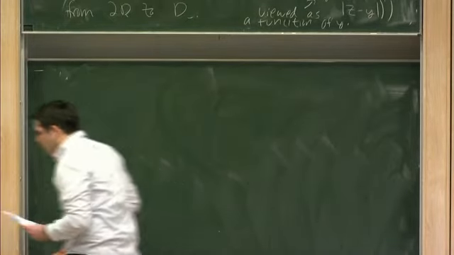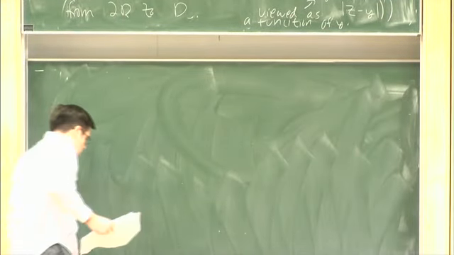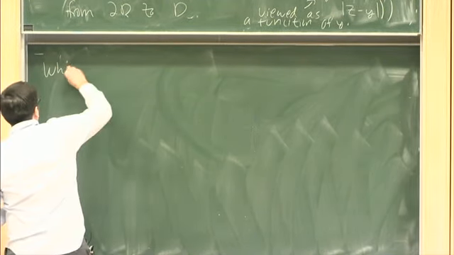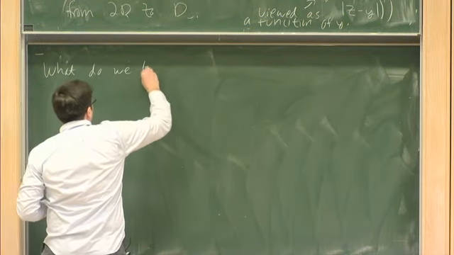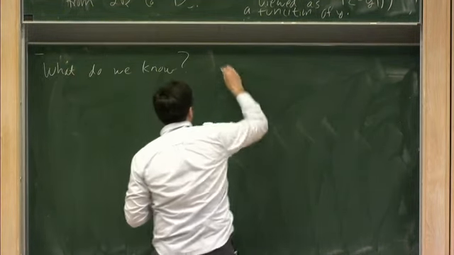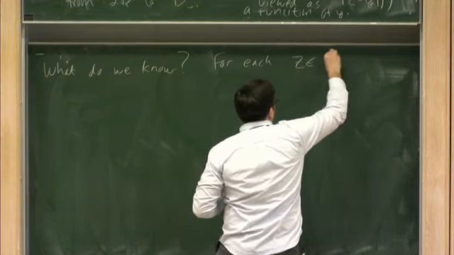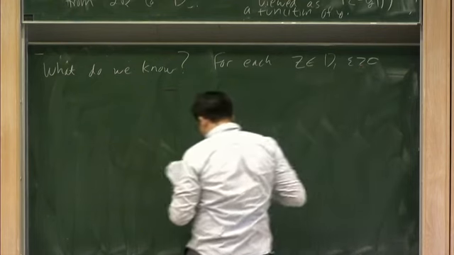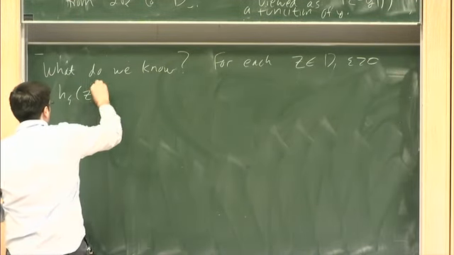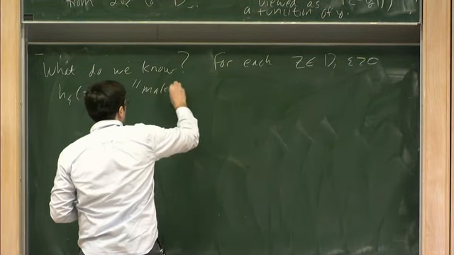All right, so what do we have at this point? What do we know up until now? At this point, we know that for each z in d and epsilon positive, this h epsilon z that we defined above makes sense.